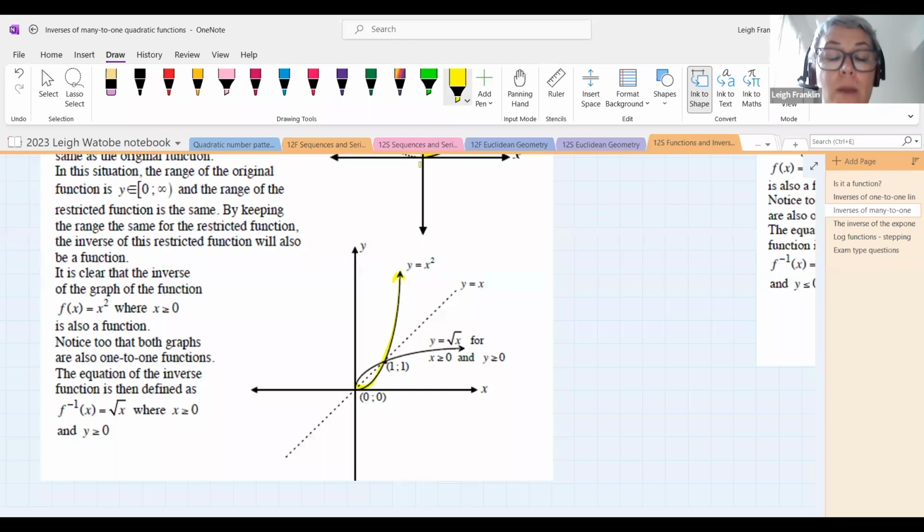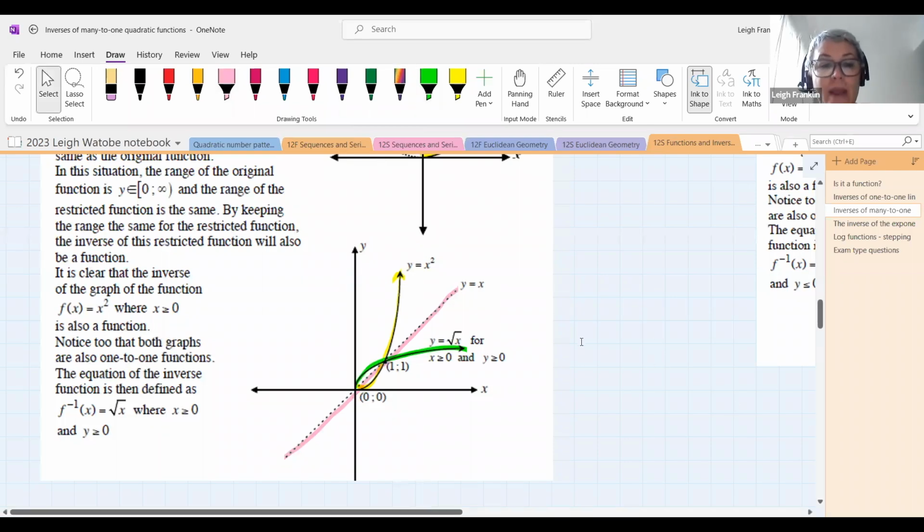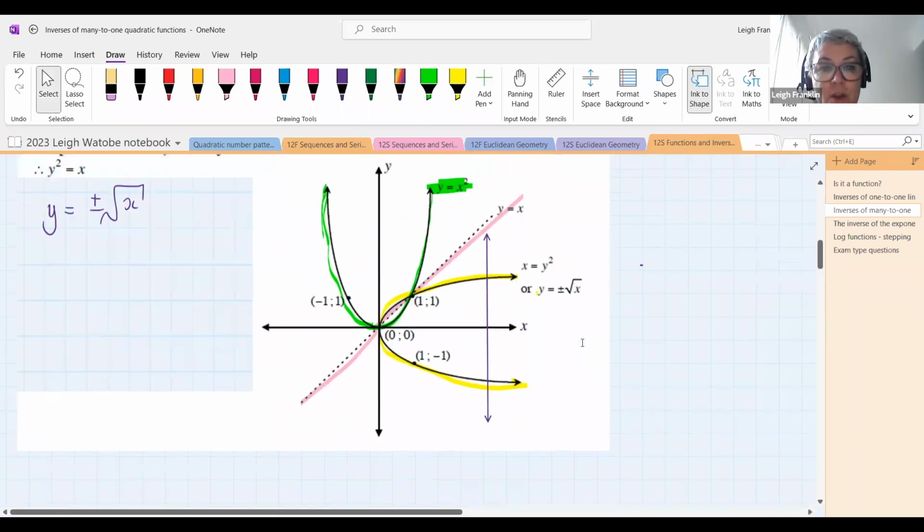All right, so here is my original arm where my domain was restricted. Here is my line y equals x. It's the line over which I am reflecting. And what would end up happening is that I would only see this particular arm of the parabola over there. Okay, so in other words, where does this come from? If we're having a look at the originals, it's these over here.